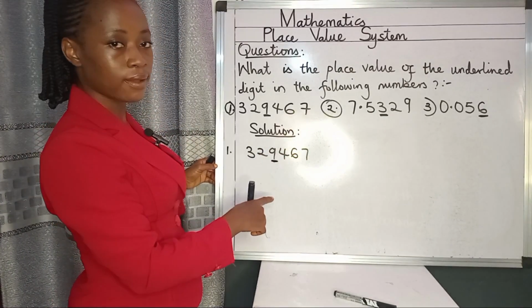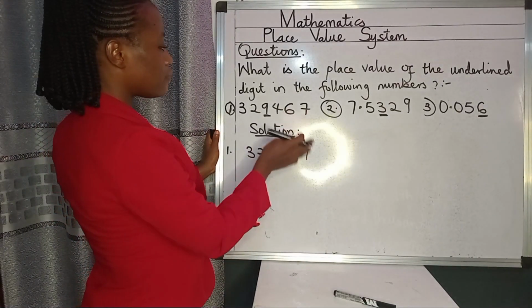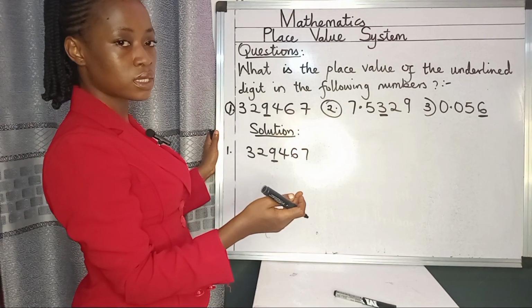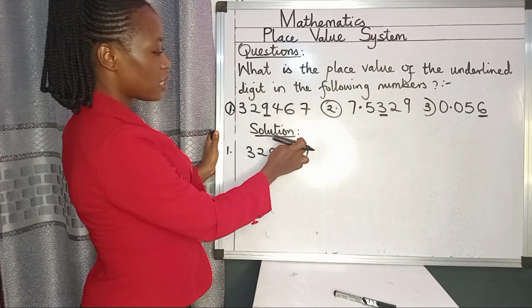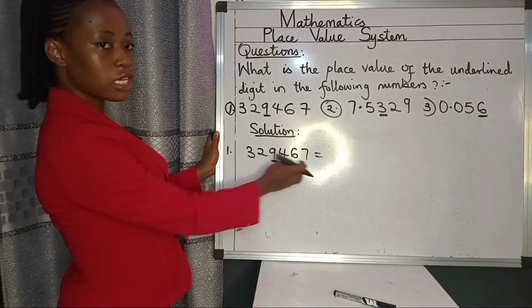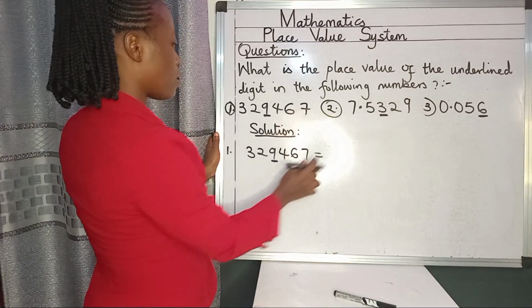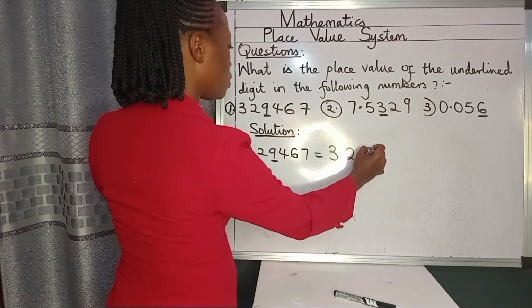If you look at this number, it's actually a whole number. There's no decimal number there. Remember, I told you that the place value of whole numbers starts from units. Starting at the last digit, you have units, right? So if I'm writing out the place values of the digits of these numbers, I'll spread the numbers out.